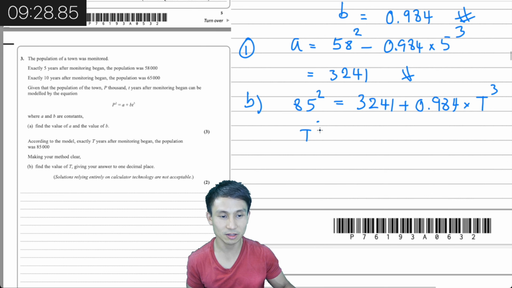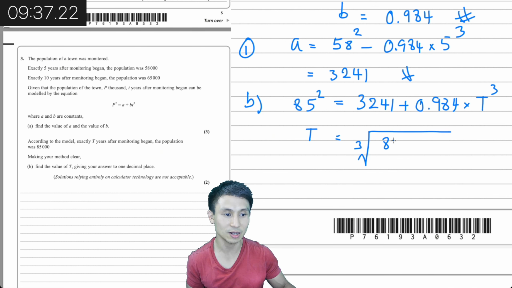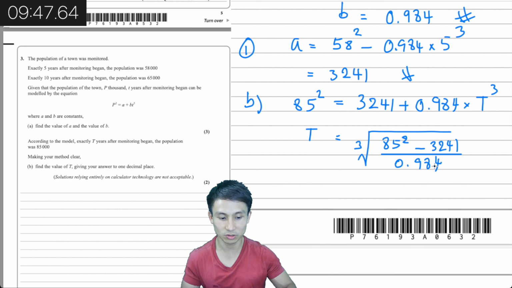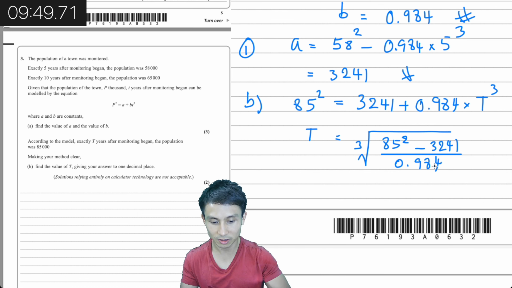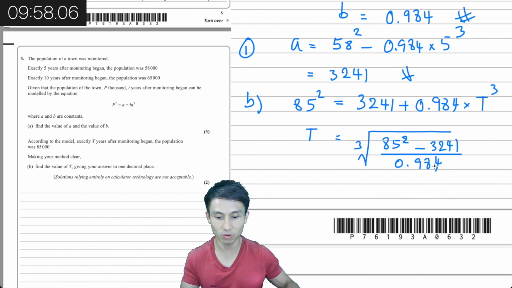So T is found by rearranging the equation and taking the cube root: cube root of 85 squared minus 3241, divided by 0.984.